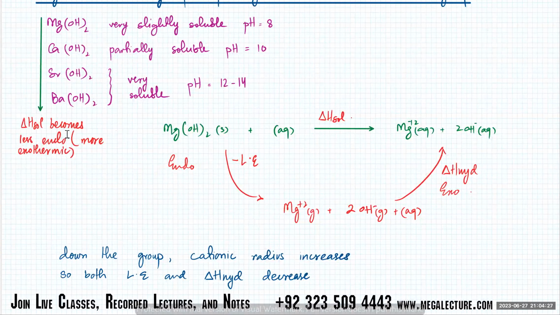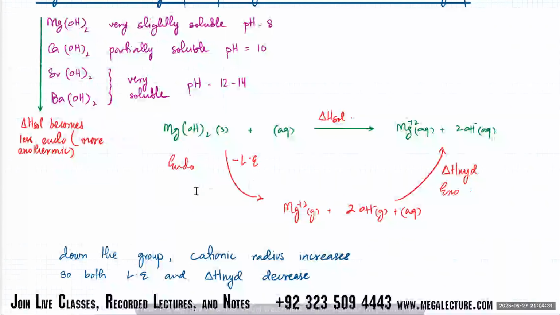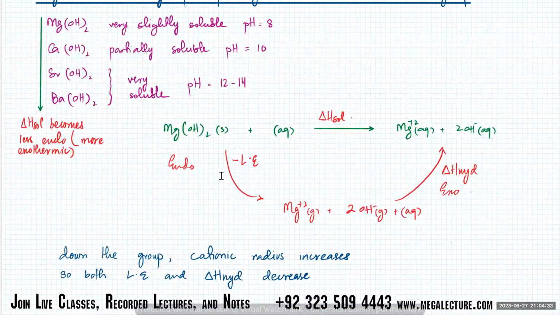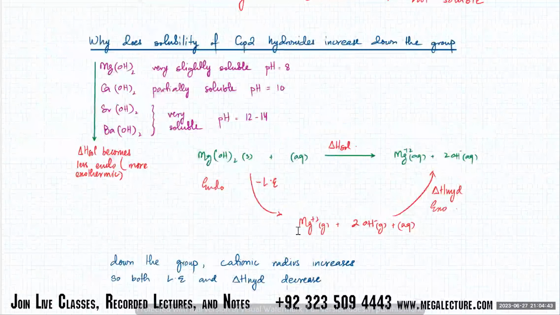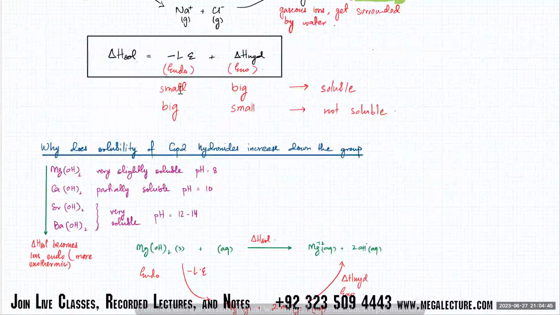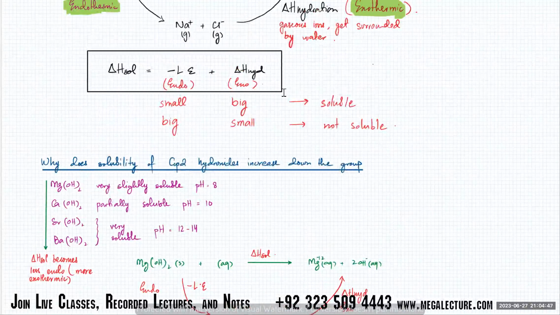It's becoming more exothermic, right? To inmein se zyada kaun decrease kar raha hai? I mean, both of them are decreasing down the group, but the endothermic part is decreasing more. Exothermic part is relatively bigger in size, theek hai? Woh humne ye discuss kiya tha na ki if this is small and this is big, then it's going to be soluble. So this is what's happening down the group.